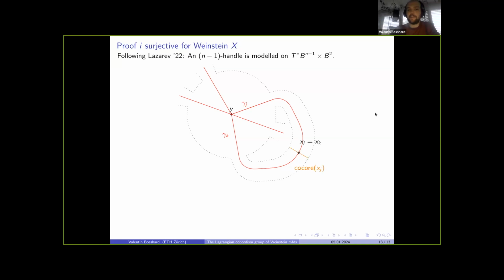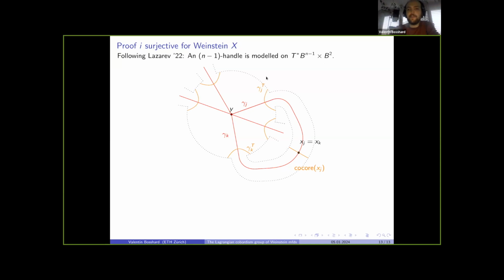What does this help us? The co-core is here to the critical point. So this dotted part, you should think about this is where it goes to infinity. So the co-core is this copy of Rn that is dual to the core. So let's introduce some other Lagrangian submanifolds which are dual to these Morse trajectories.